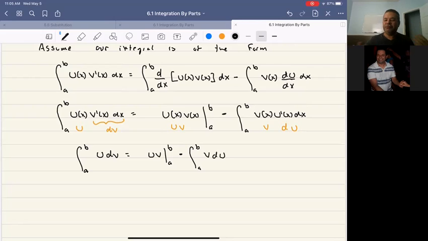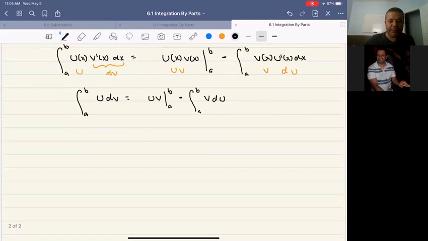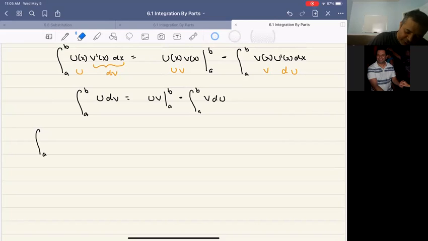Let's do a problem. The first problem is not super crazy. We're going to take the integral of natural log of x. Let's do it indefinite.